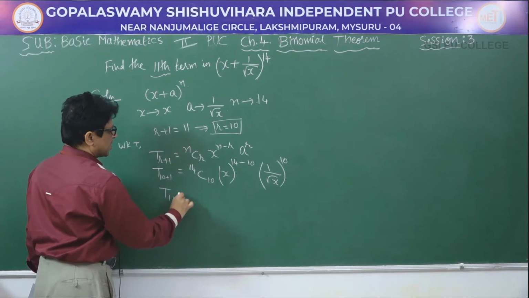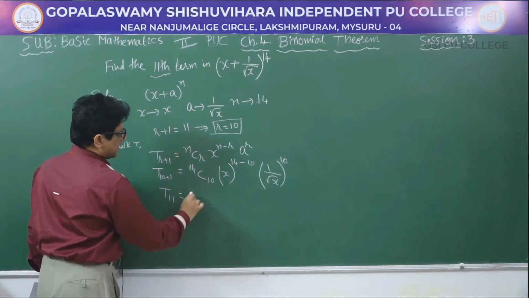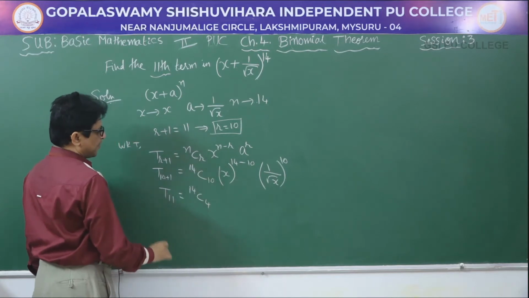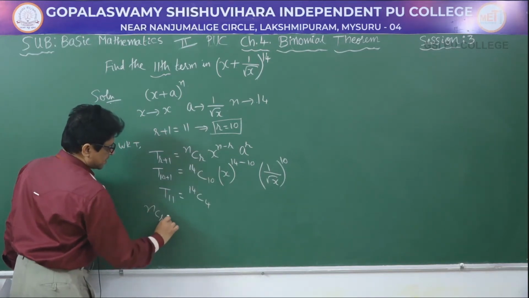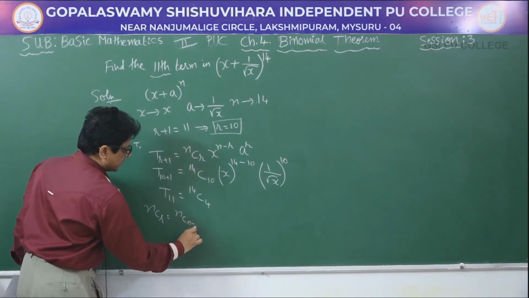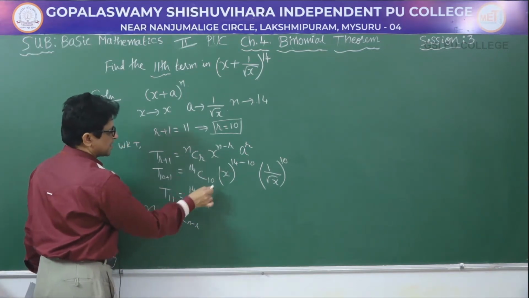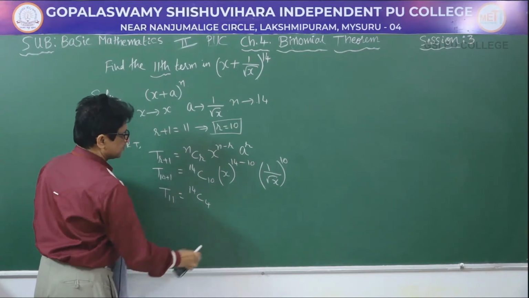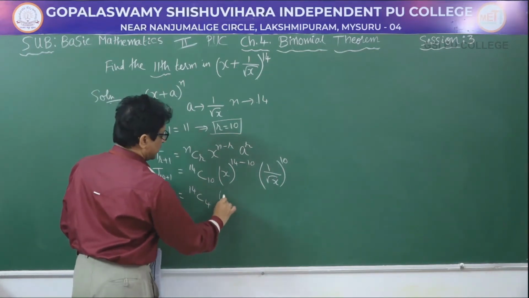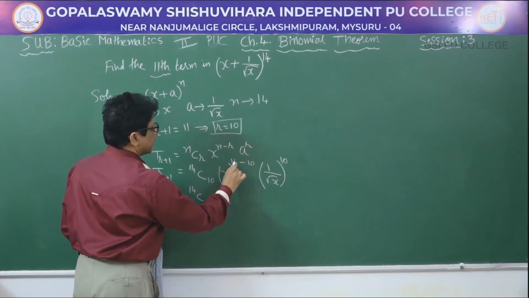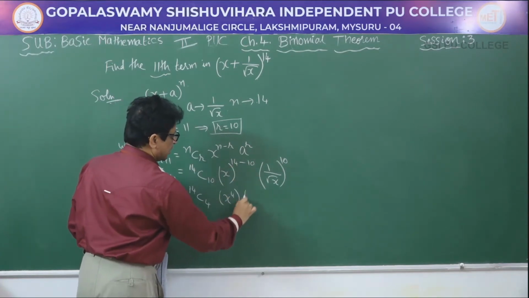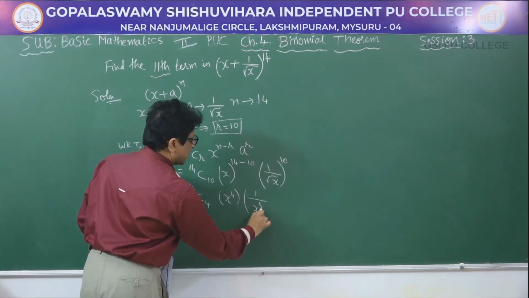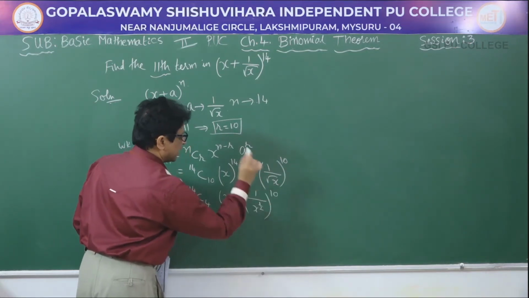So, T11 is equal to 14C10 can be written as 14C4 by using the formula nCr is equal to nC n minus r, that is 14 minus 10 we get 4, into x power 14 minus 10 is 4 into 1 by root x can be written as x power half whole power 10.